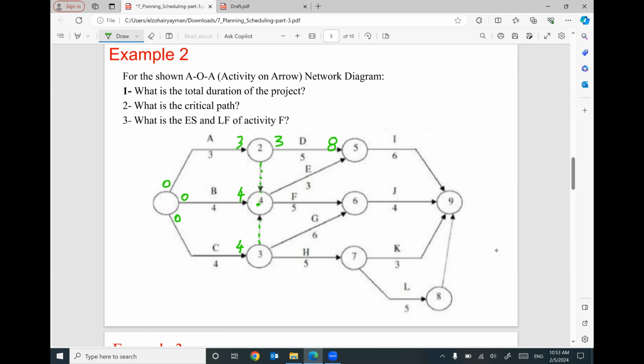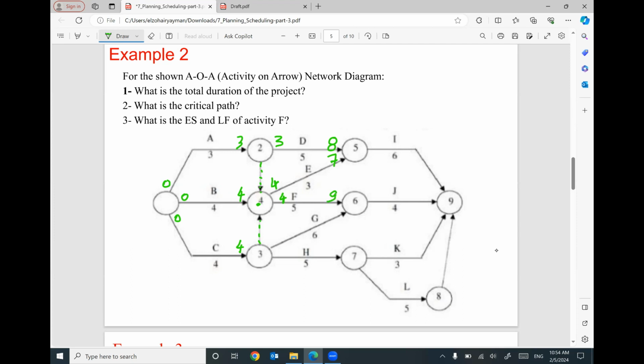Then I can start activity E and F. So the early start for activity E will be the biggest number. We have 3, we have 4, we have 4. I'm going to start with 4. For activity E, 4 plus 3 will be 7. And here for F also, 4 plus 5 will be 9.